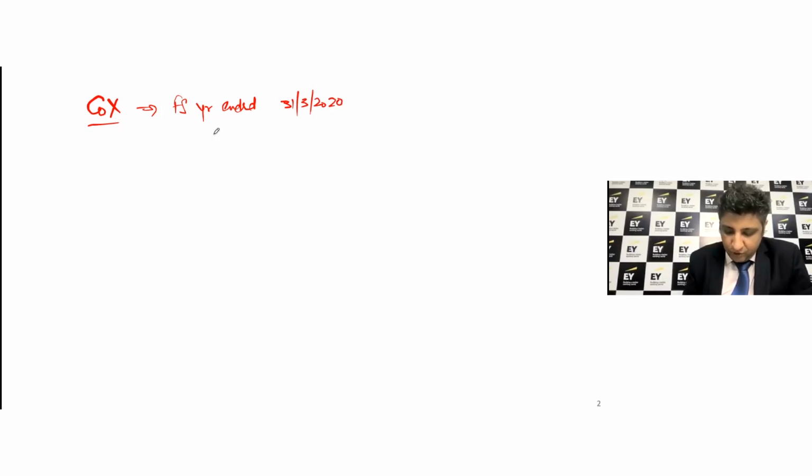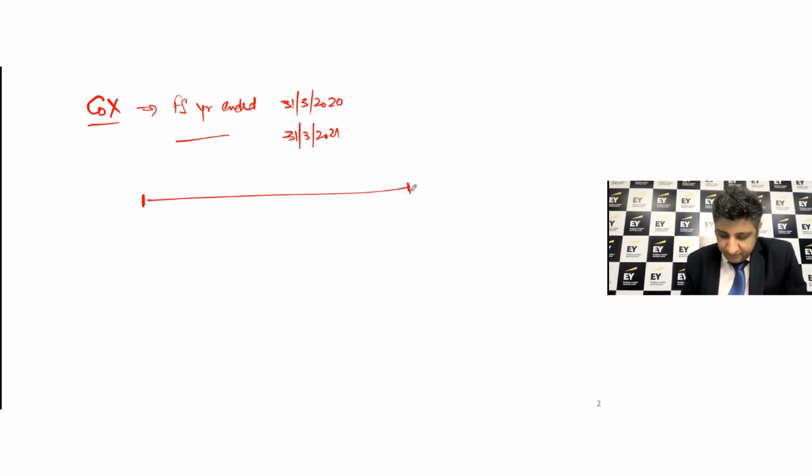It would also be required to prepare the financial statements for the next year, let's say year ended 31st of March 2021. Okay, so between these 2 years, or between these two dates, 31st of March 20 and 31st of March 21, okay, let's even take another date here, right?